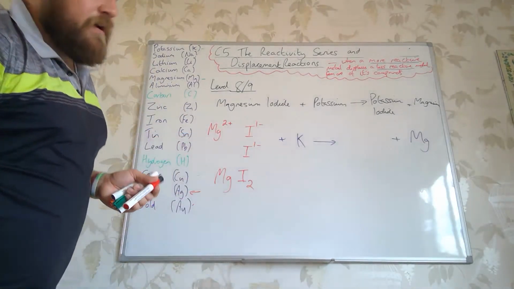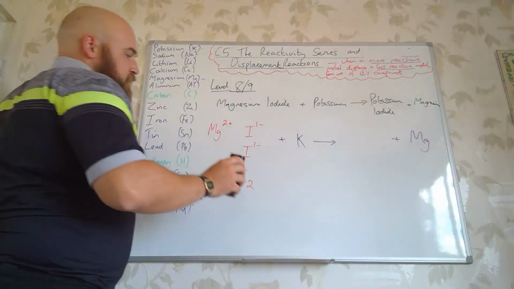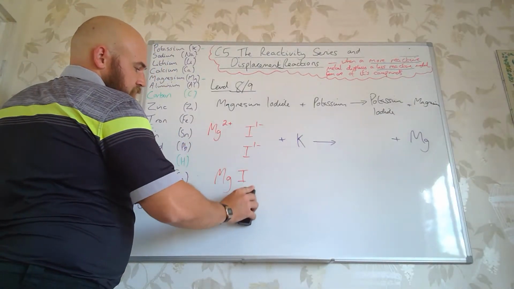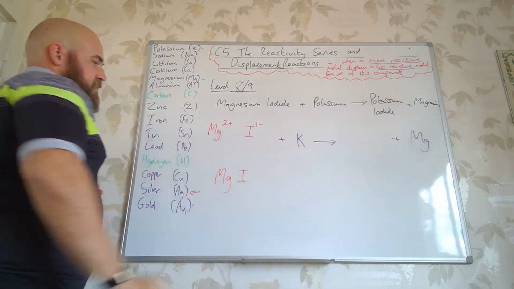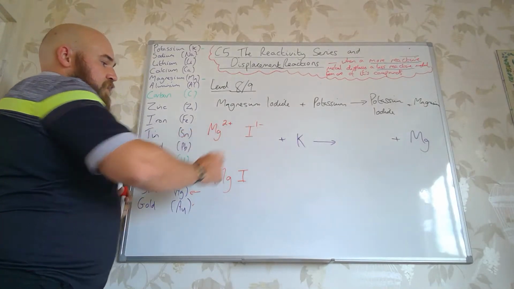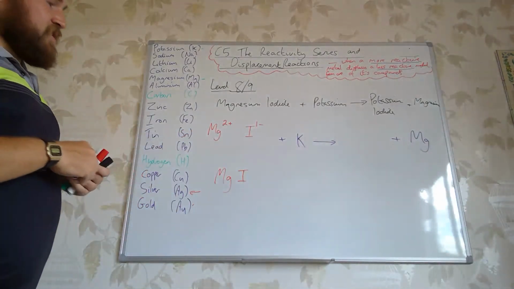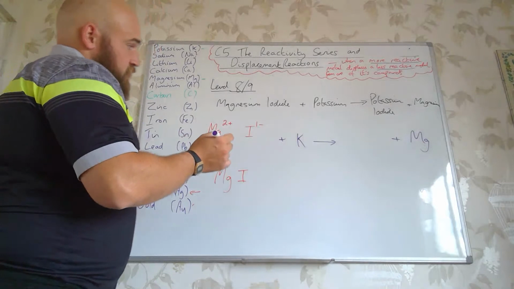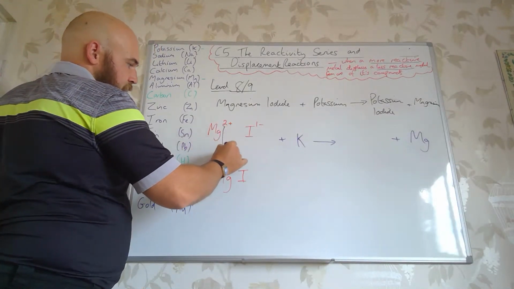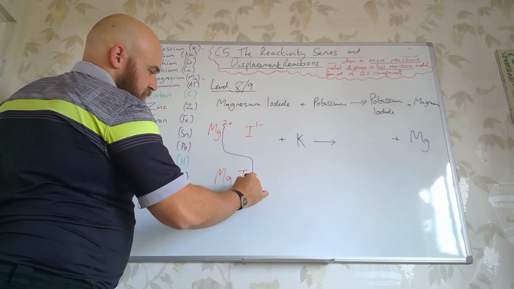I have done this with you before, or you could do the crisscross way. So what is the crisscross way? Well, I'm going to go back to what we know. So we know that magnesium is a 2+ ion and iodide is a 1- ion. And all you need to do, really, is just swap the numbers over. So whatever number is there goes there.